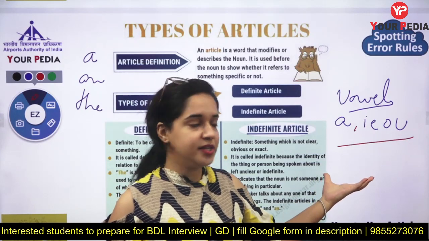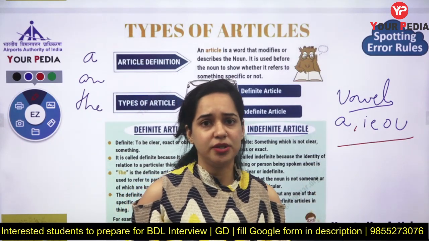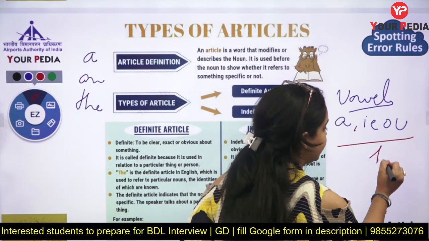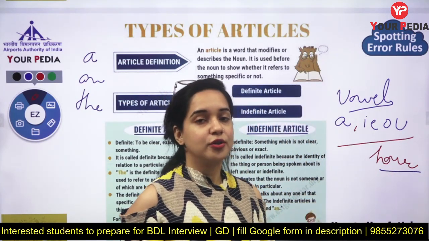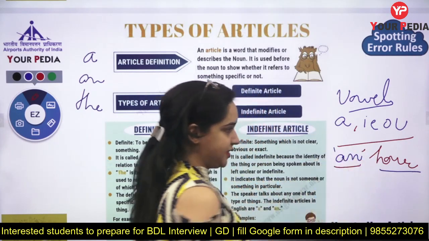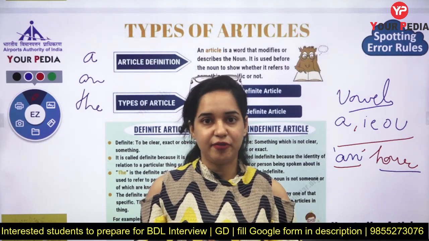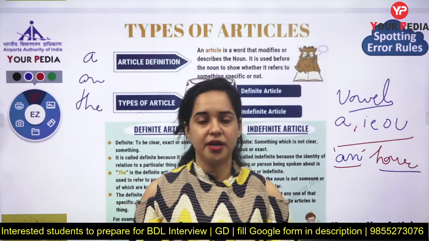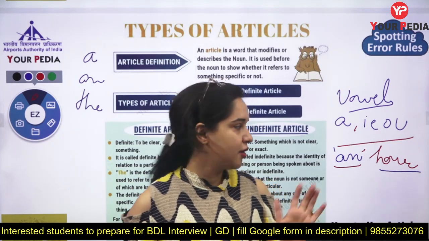But apart from this, any word which starts with a vowel sound, like an R, which is spelled starting with R but when you speak it, it sounds like "are", it would have an with it, right? So A is for a single thing that is indefinite. An is used for something indefinite too, but with some kind of vowel sound.